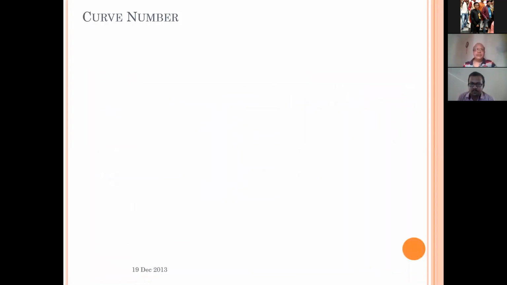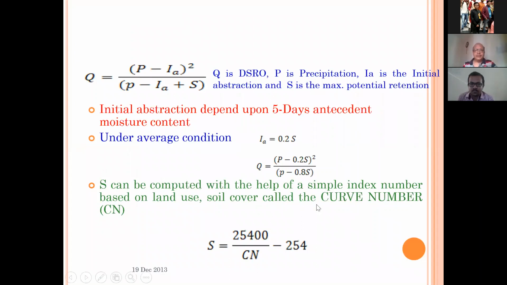Once that Cn is determined, you can determine S, and once S is determined, in that equation you just put the daily P value and you can determine the Q value. So these simple models can also be used to determine runoff. Once we determine daily runoff, we will convert it into annual yield. Then we will do that exercise as I told in the first case, so dependable runoff of 75% or 90% or 95% can be determined.